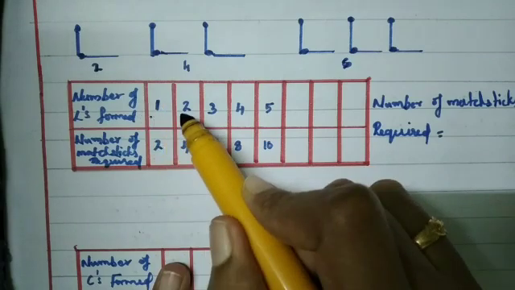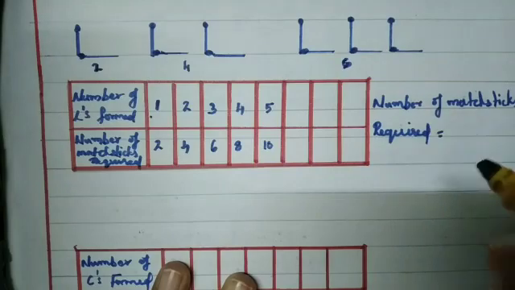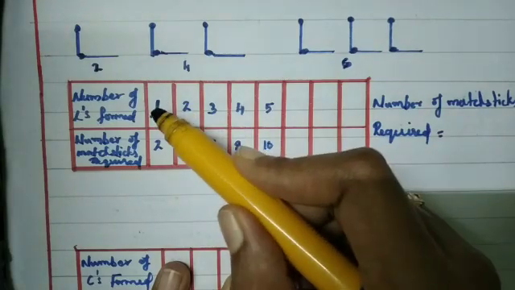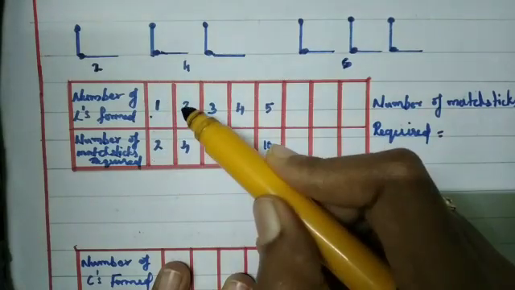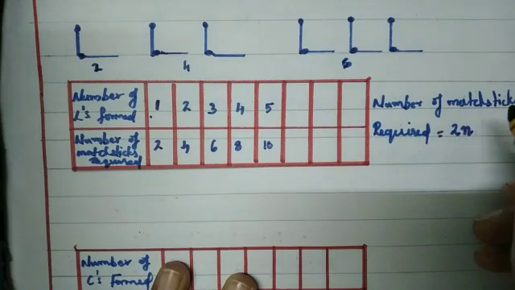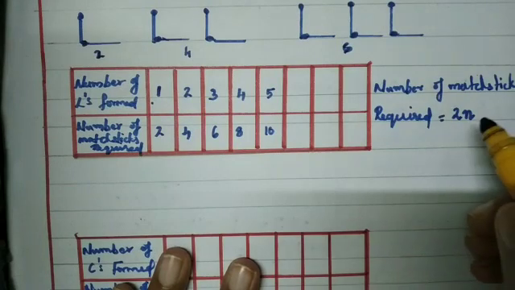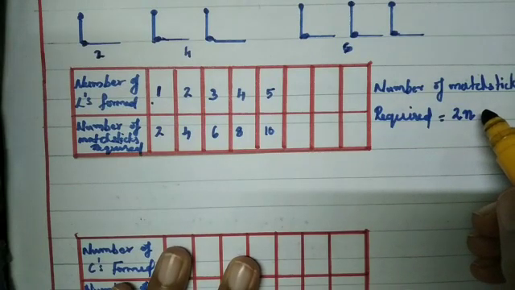Here 1 L, here 2 L's, here 3 L's, here 4 L's. Then here 1, it's a multiple of 2. Here 2, it's also a multiple of 2. Here the number of L's formed is changing, so it represents a variable n. Then how you write it is 2n, 2 multiplied by n.